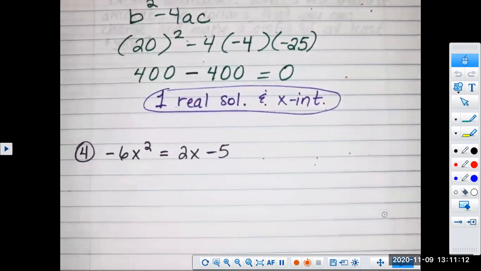Just find the discriminant and tell me how many solutions and x-intercepts. Yeah, just the discriminant.